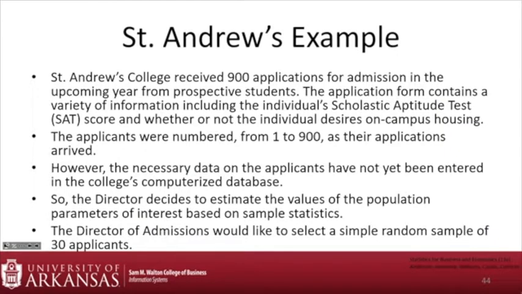Let's do an example. So, St. Andrews College, 900 applications. Applications has stuff from the SAT, whether you want to live on campus or not. We've got 900 applications, so we numbered them 1 to 900. But our data didn't all get put into our database yet, but I need some results for this meeting that I have to go to this afternoon.